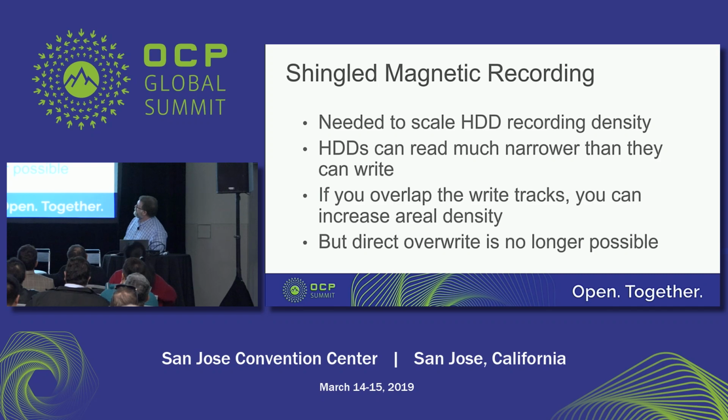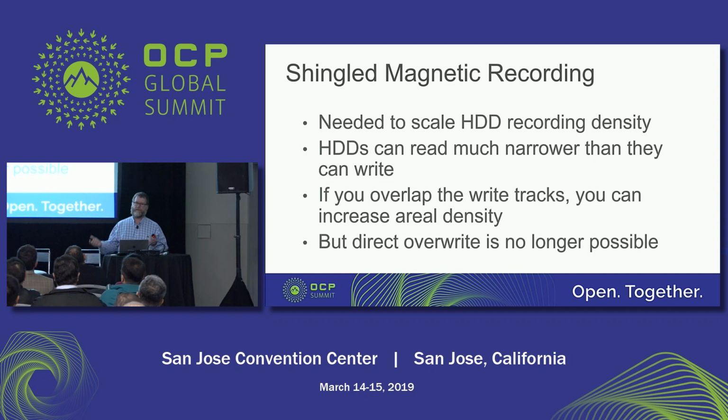Shingled magnetic recording is the way that we figure out how to keep going on areal density on the drive. The idea is that in HDD, you write on these tracks, and how do you get those tracks closer and closer together over time so you can always get that next bump in terabyte capacity on that drive?